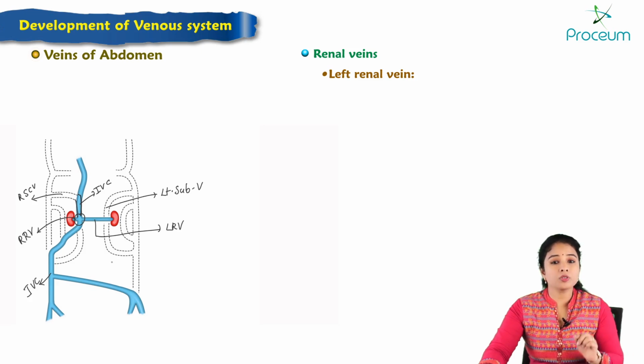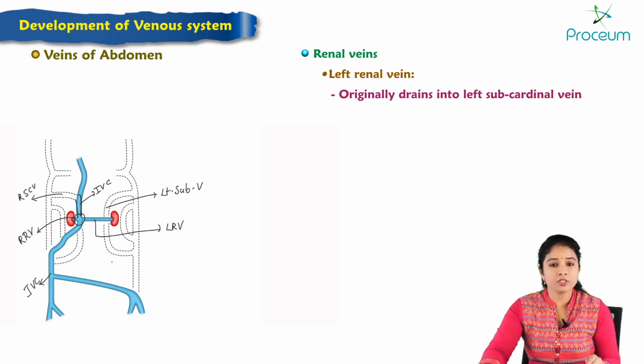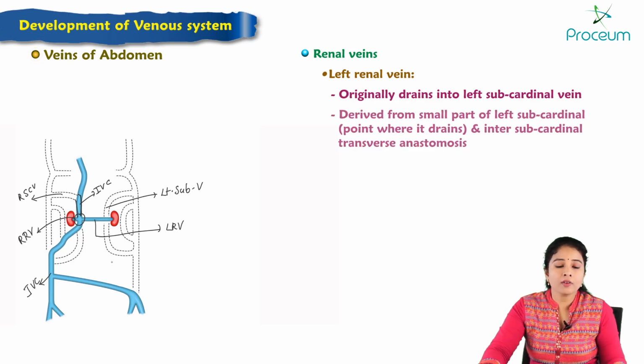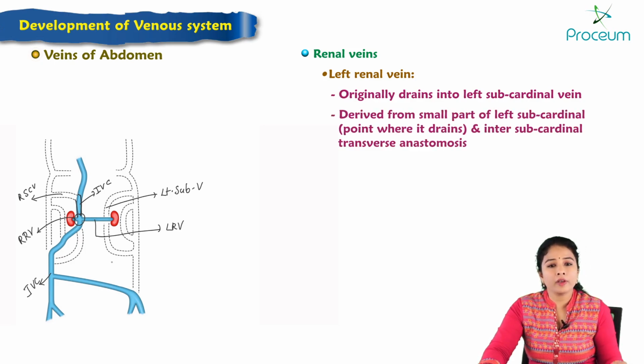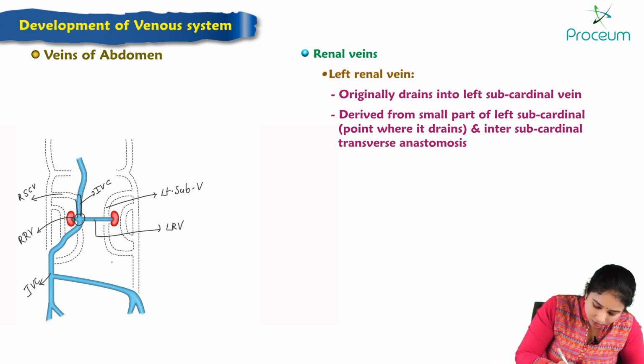So it is also of mesonephric origin, originally drains into left subcardinal vein. So the left renal vein is derived from the small part of left subcardinal, that is the point where it drains, and the intersubcardinal transverse anastomosis. So from here to here is the transverse anastomosis.